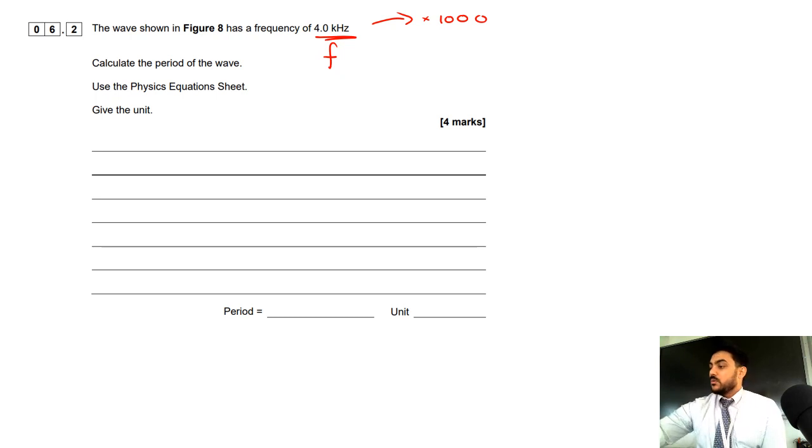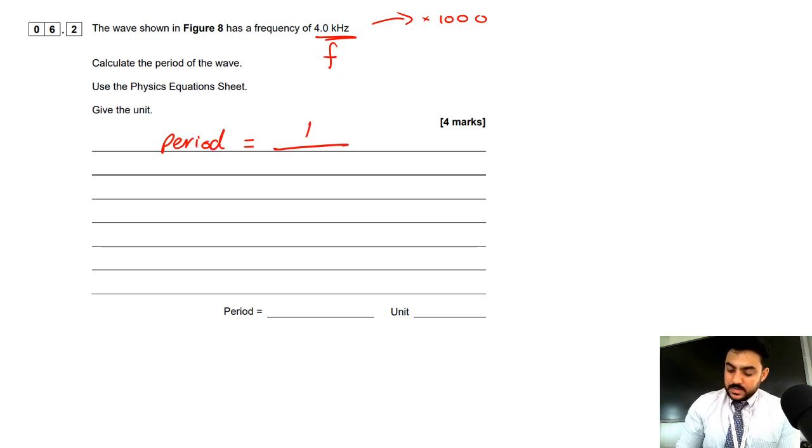What it will tell you is something like this. Period is equal to 1 divided by frequency. And that's all you need to do.